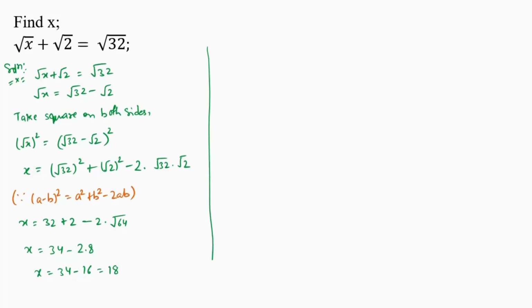Further, let's solve this by using another method. Name this equation 1. So from 1, we have x equals 32 plus 2 minus 2 raised to power 1 times root 32, which can be written as 2 raised to power 5 bracket 1 by 2, times root 2, which can be written as 2 raised to power 1 by 2.